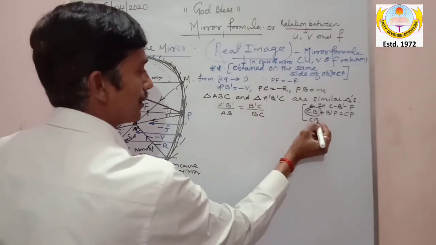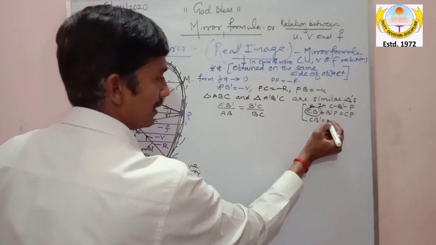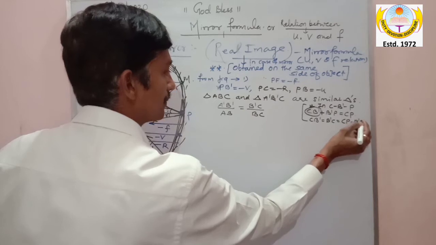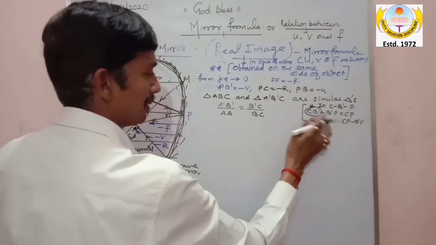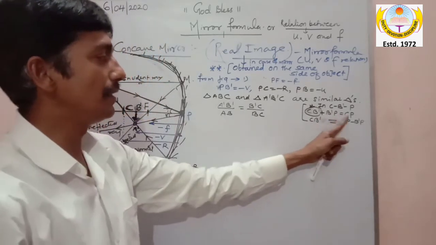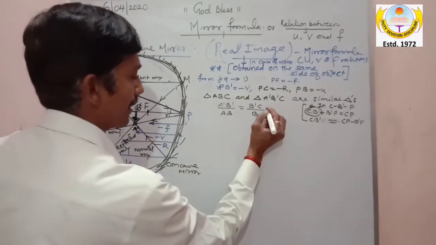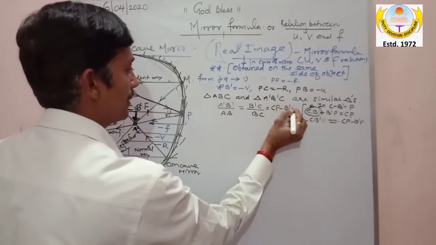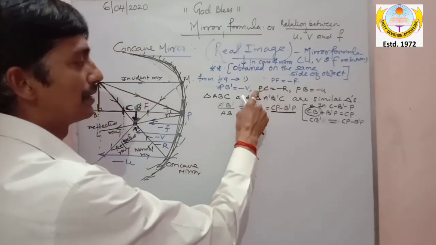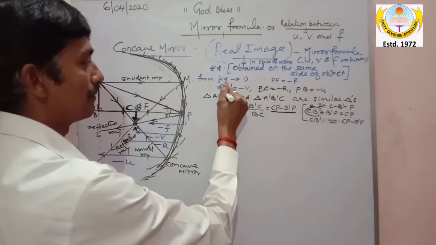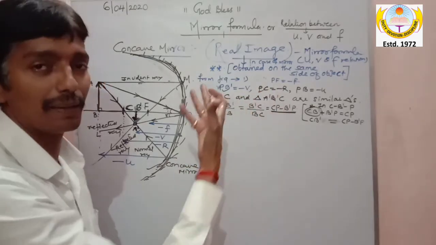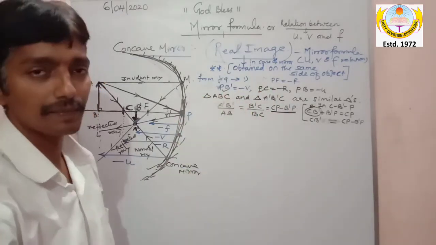So CB dash, which is also called B dash C, is equal to CP minus B dash P. So here I am writing CP minus B dash P, whole divided by... now the CP value I have, PC is CP, and B dash P I have, PB dash. So I have these values. Please take care in my question.